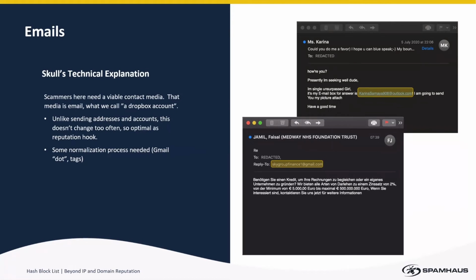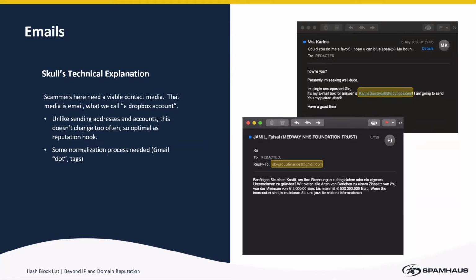They are the communication channel between the victim and the fraudster. And that is also why they're never going to disappear, because without that, the scammer would lose any incentive to send out this stuff, because nobody would ever be able to fall in their trap. As such, it is the ideal hook to attach a reputation to.